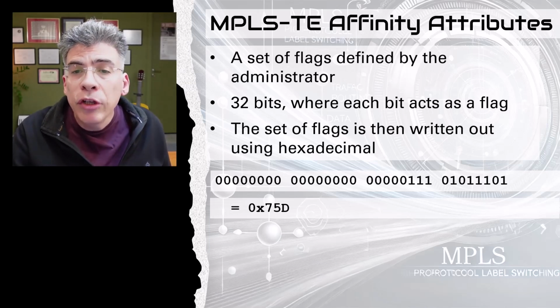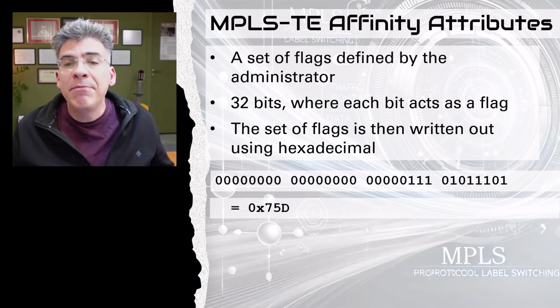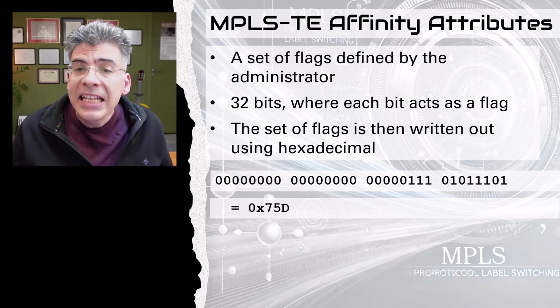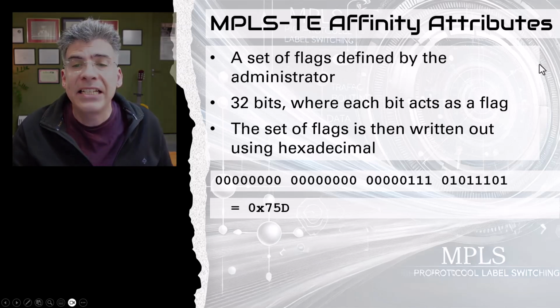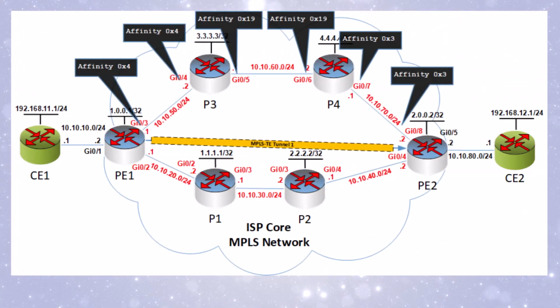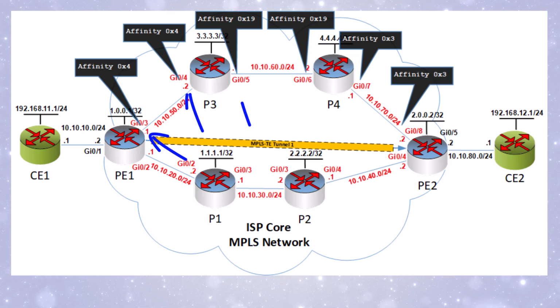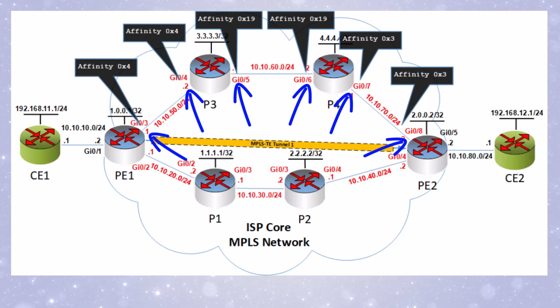Before we look more in detail at how we give meaning to each flag, let's first see how they are defined within the MPLS-TE topology. Each link in the network is assigned an affinity using the corresponding hex value. Specifically, this is applied on the interfaces of the PE and P routers.